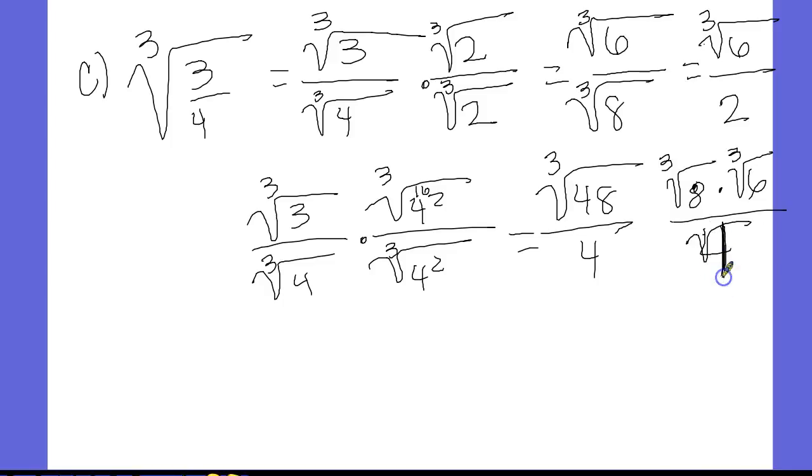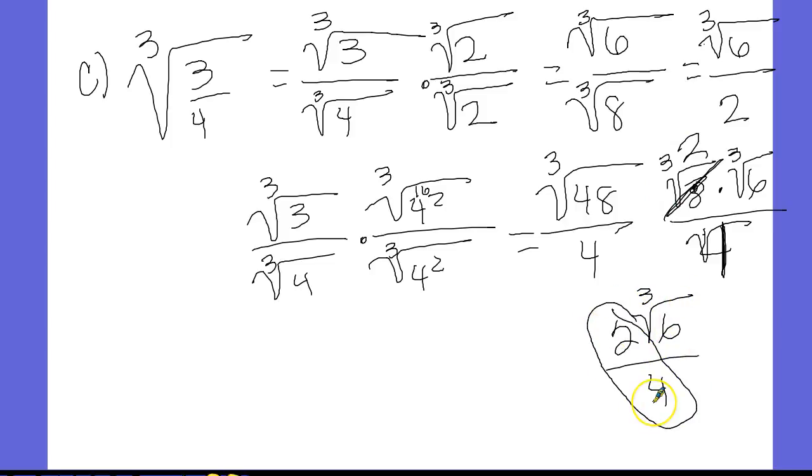Over 4. And what's the cubed root of 8? 2. So I would have 2 cubed root of 6 over 4. And you know what I have to do with that? Simplify it more. And so you can see that it starts to create the situation where the problem takes longer to solve.